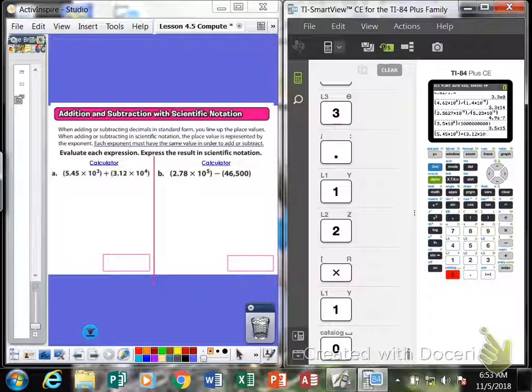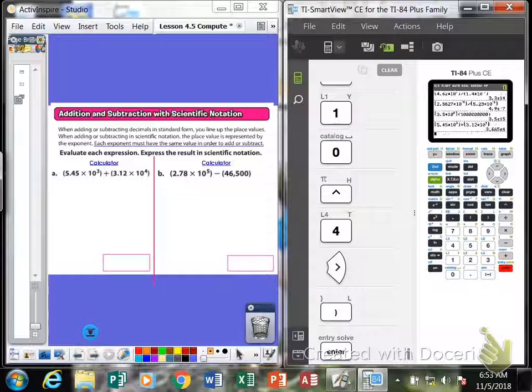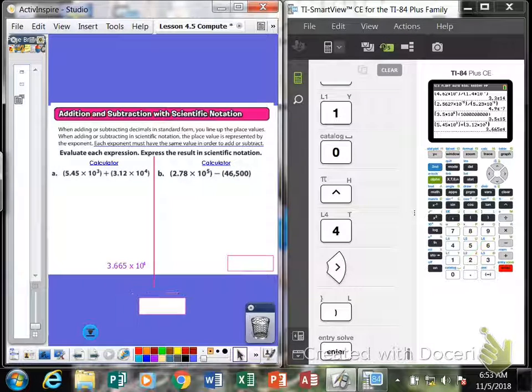It doesn't really have any rules that we follow. Close the parenthesis, enter, and we get 3.665 e to the 4th, and then we would write it as 3.665 times 10 to the 4th, because that's what we have.